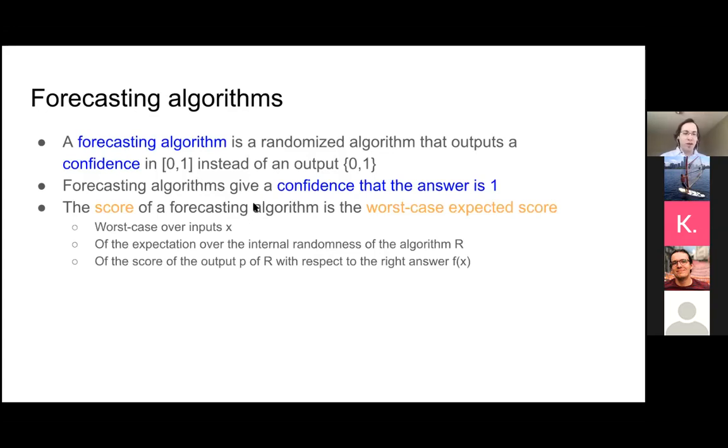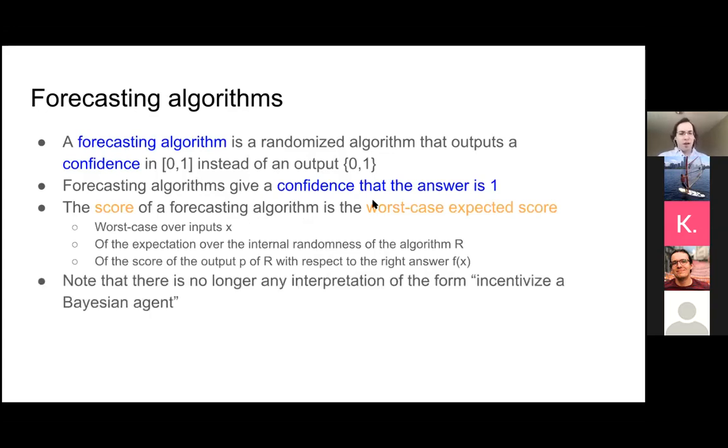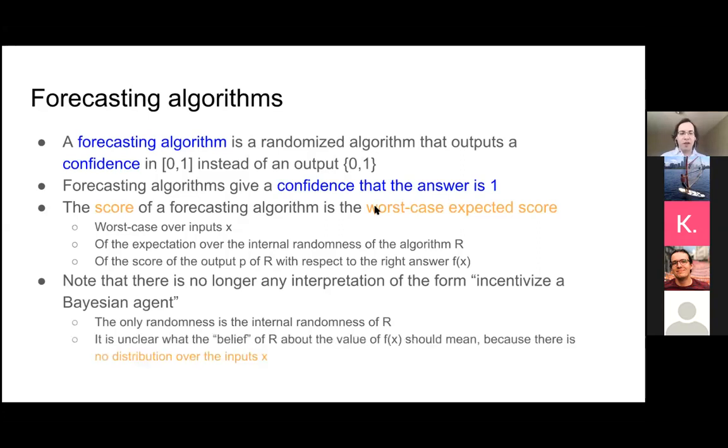Note that when we define it this way, there's no longer any interpretation of the form of incentivizing a Bayesian agent. That's because the only source of randomness here is the internal randomness of the algorithm. In particular, there's no belief anymore.